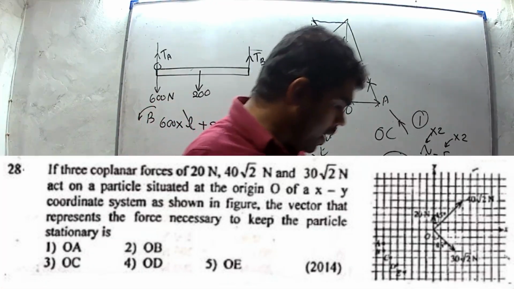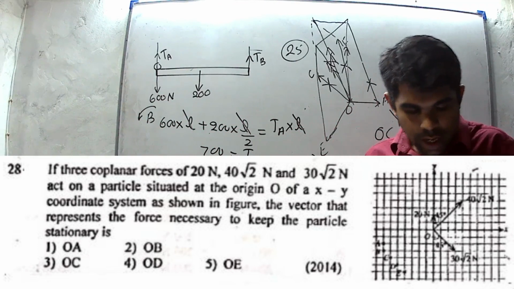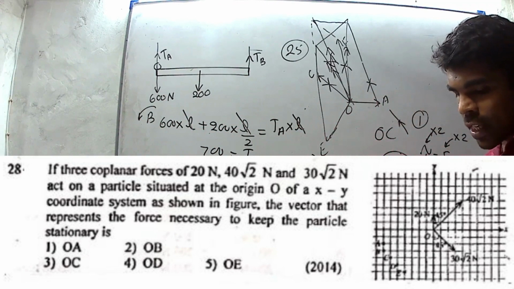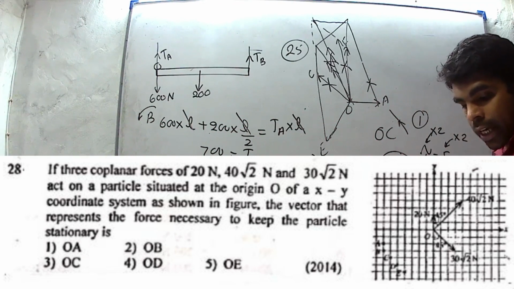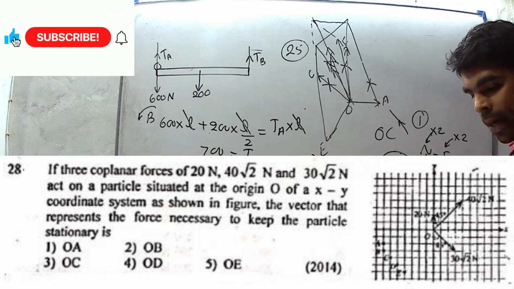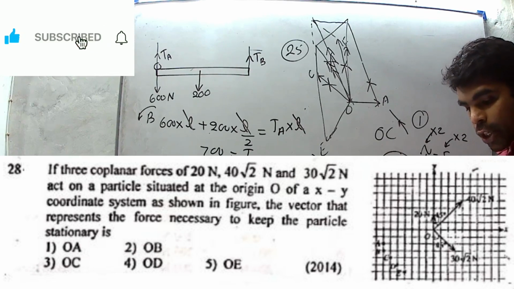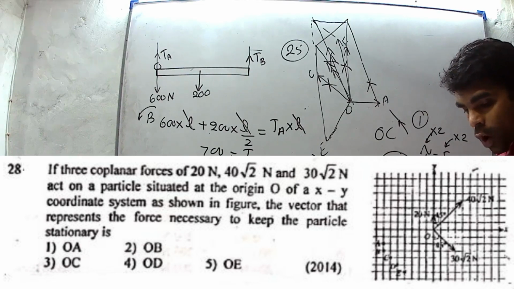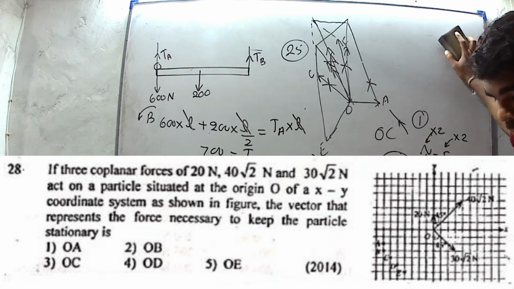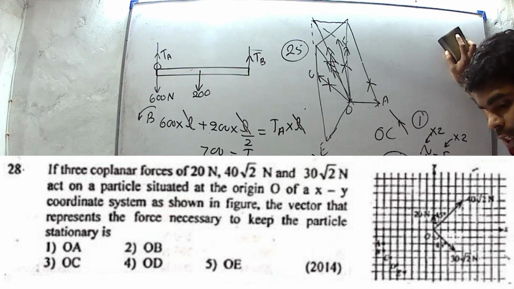Then question number 28. If three coplanar forces 20 Newton, 40 root 2 and 30 root 2 act on a particle situated at the origin O of XY coordinate system as shown in the figures, the vector that represents the force necessary to keep the particle stationary is.